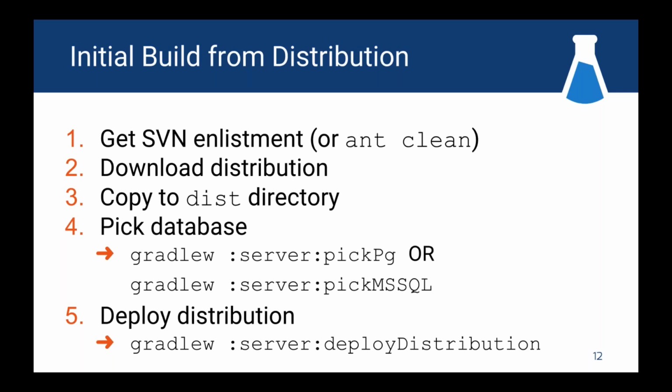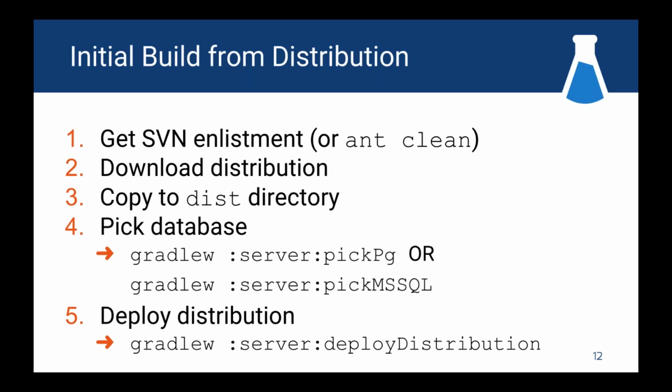So I mentioned at the beginning that Ant produced non-versioned artifacts and Gradle produces versioned artifacts. So they look different, and the one tool can't necessarily clean up after the other one. So if you're switching between the two, you want to be sure to clean with the tool that you're switching from before you move to the other tool. If you don't do that, then you can get duplicates, and then the server is very unhappy.